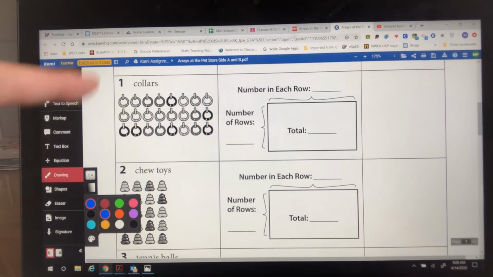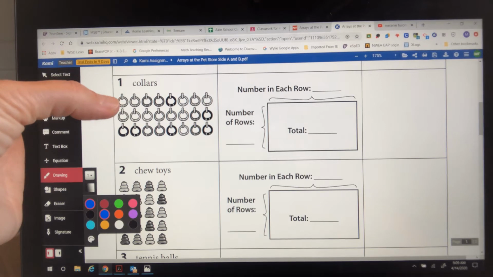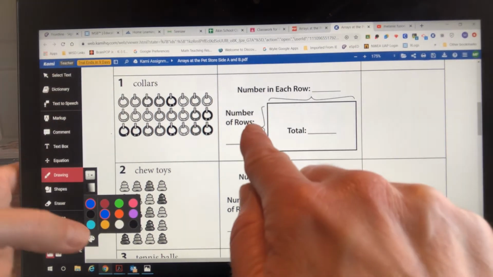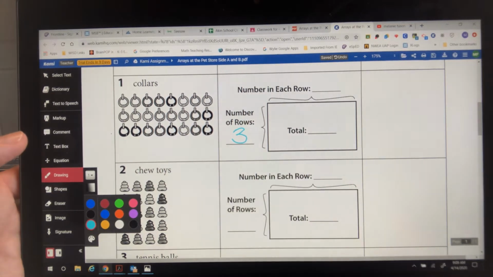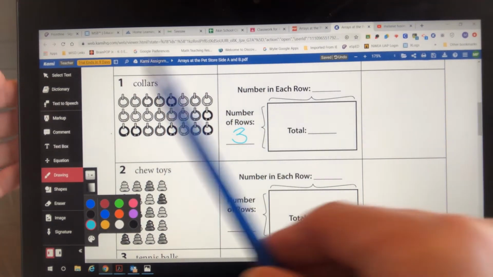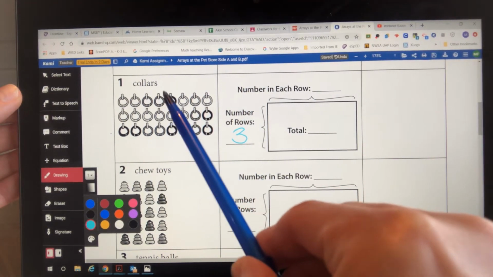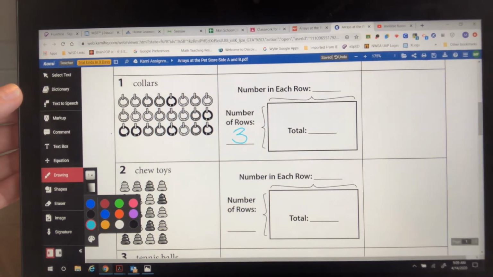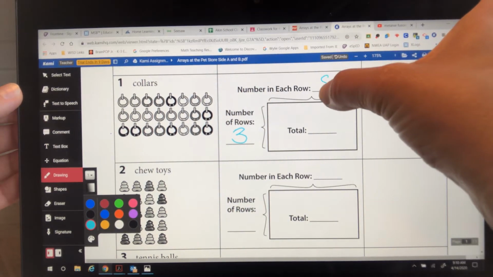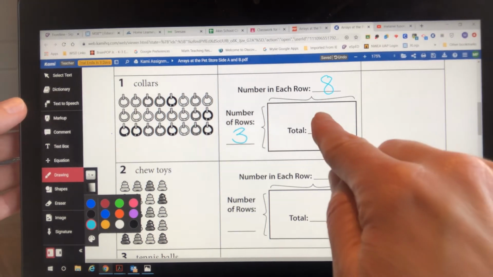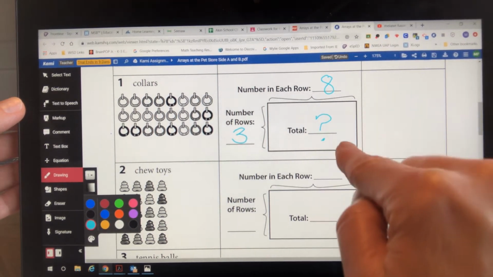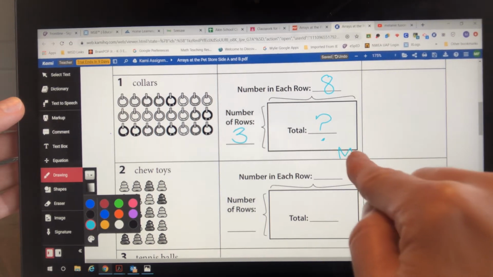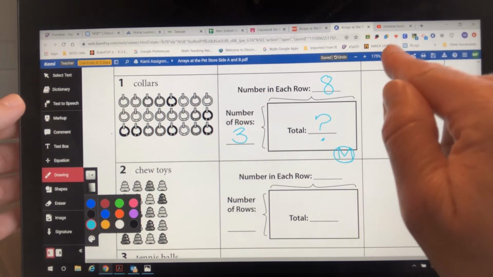Let's do some together. So let's look at the first one. I've got 1, 2, 3 rows. I'm going to choose a different color, and I'm going to mark 3. And there are 1, 2, 3, 4, 5, 6, 7, 8 in each row. And I'm looking for the total, which means I'm going to multiply, right?